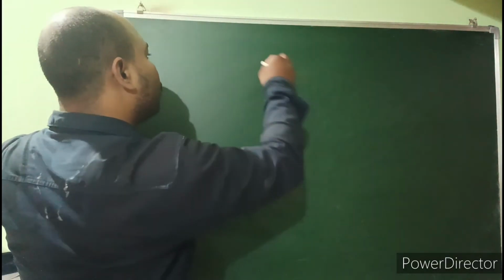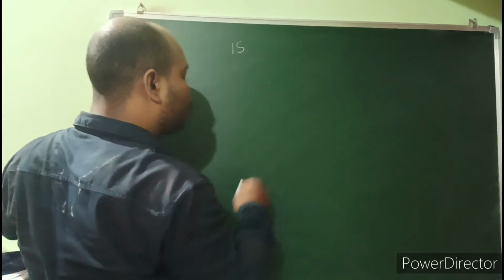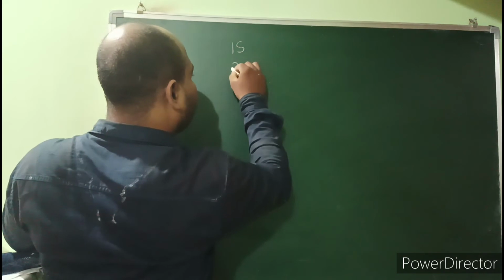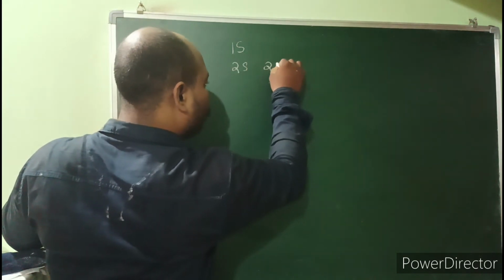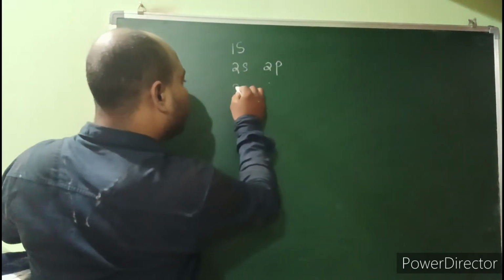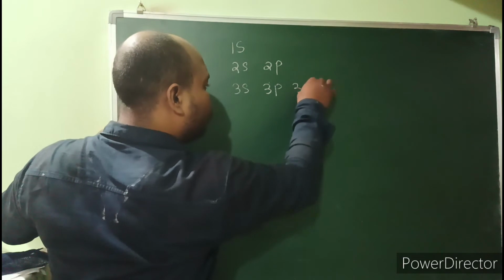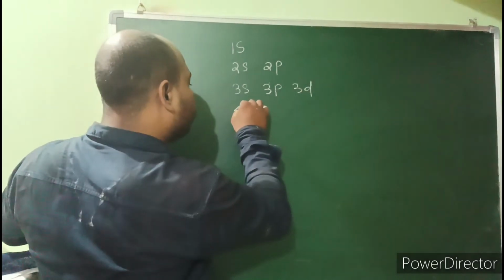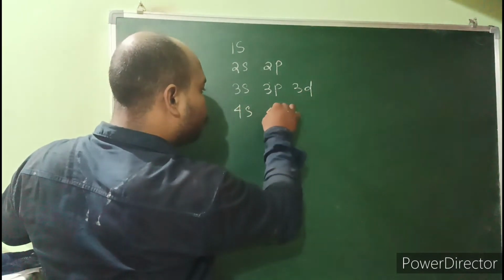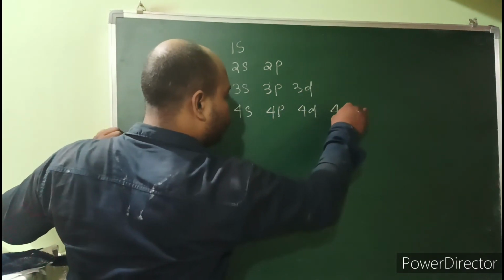Now, we know that the first cell contains one subcell, the second cell contains two subcells, that is 2s and 2p. The third cell contains 3s, 3p and 3d, three subcells. The fourth cell contains four subcells, that is 4s, 4p, 4d and 4f.